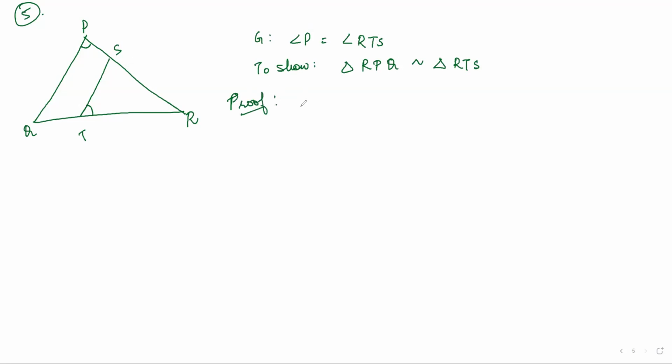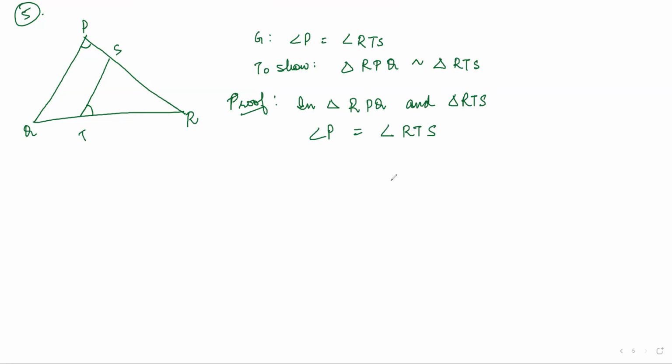So let's take these two triangles and see which criteria we can satisfy. So in triangle RPQ and triangle RTS. So Martin, tell me what I can write here. One thing is given that angle P is equal to angle RTS. So one angle is given. What else can I write here?